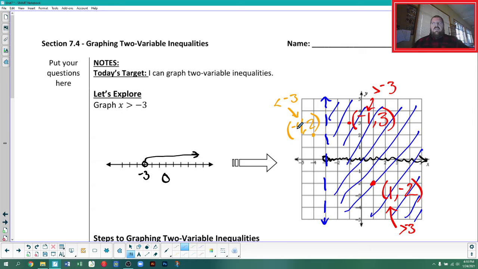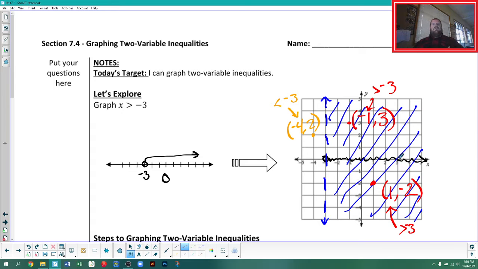When we were shading number lines, we were cutting a number line in half, basically. And obviously that's kind of a judgment call. Is it really in half? You're shading one side of it, not shading the other side of it. The same thing's going to happen in two dimensions. We're going to shade one half of our graph, even though from what I have here, this is way more than a half.